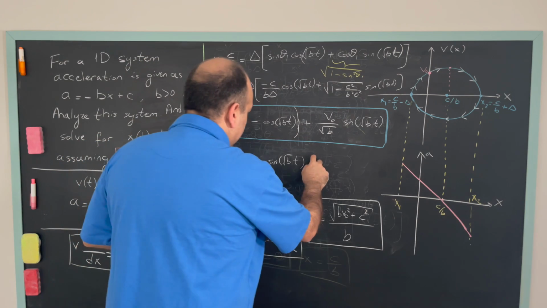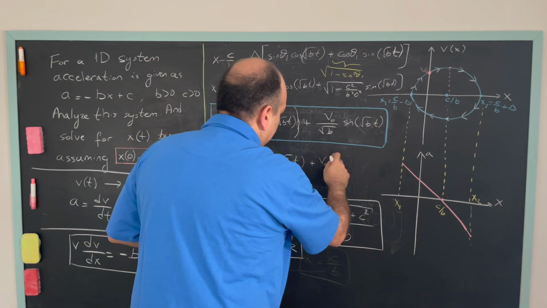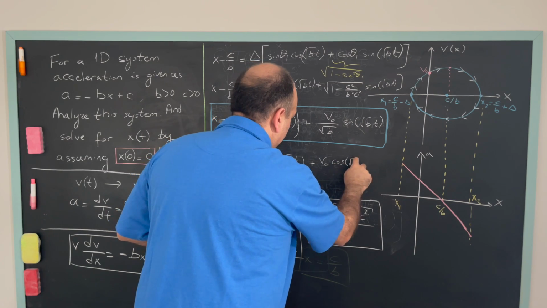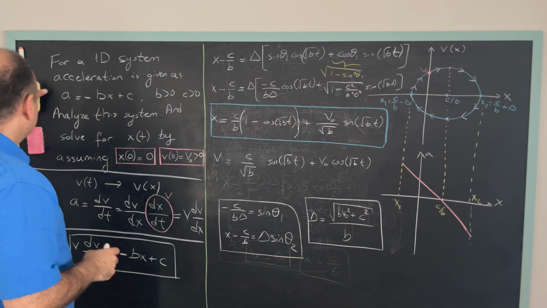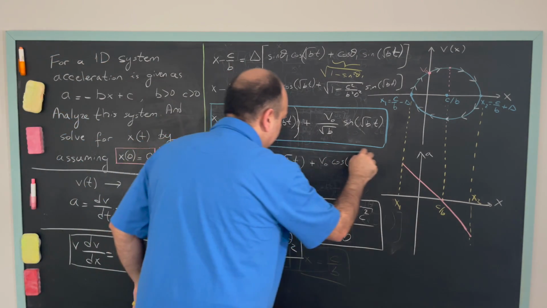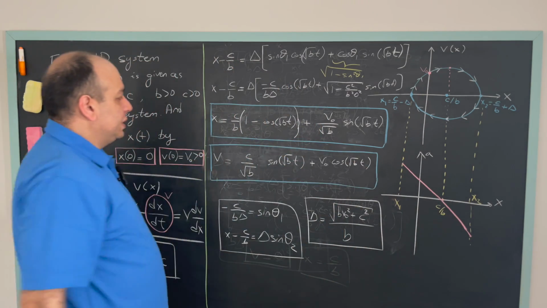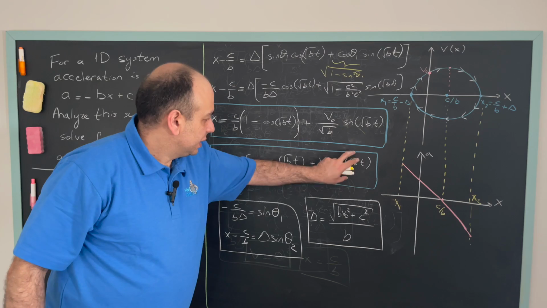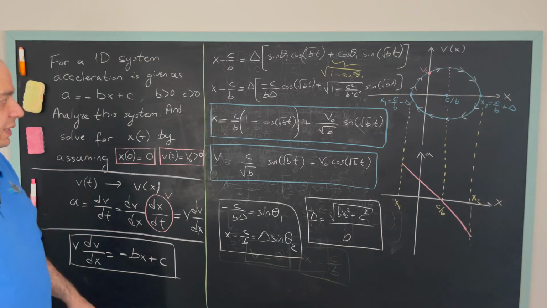Plus v naught times cosine. So I'll get one square root of b here that will cancel that. So this is actually the v, the velocity given as a function of time t. When we put t is equal to 0, this term is 0, this is 1, so v is equal to v naught. So the initial conditions are satisfied.